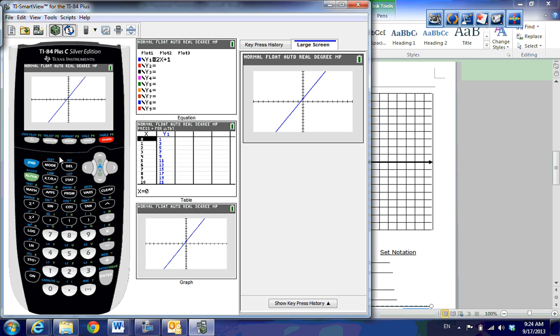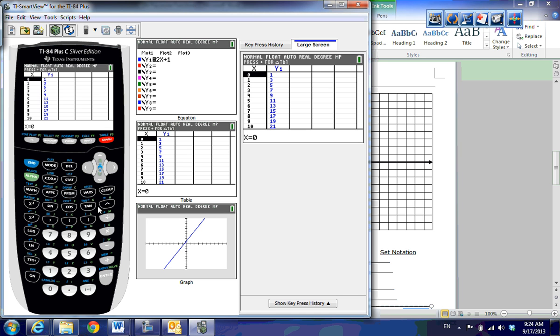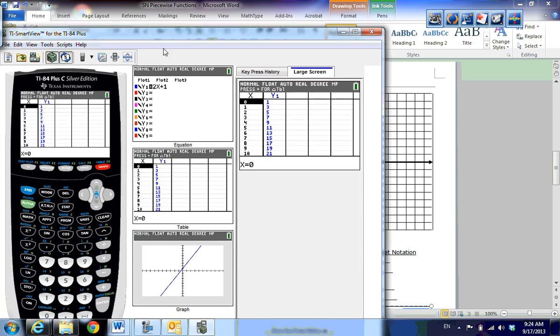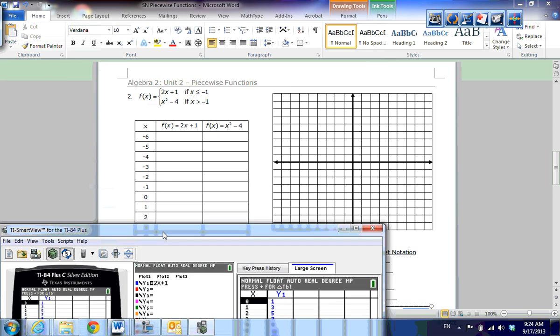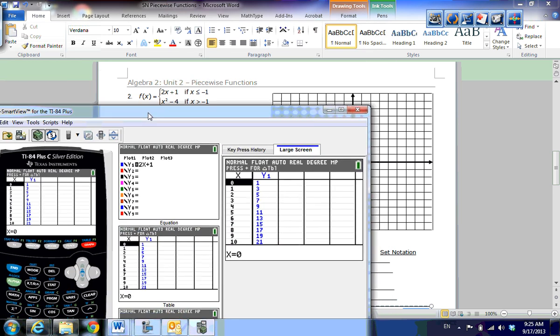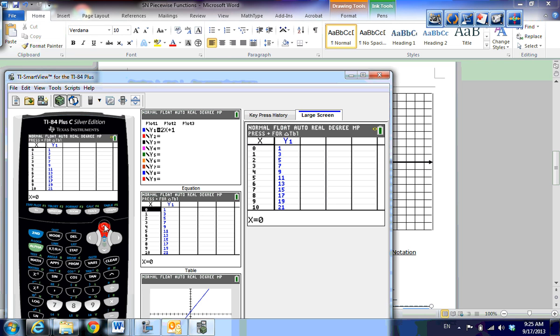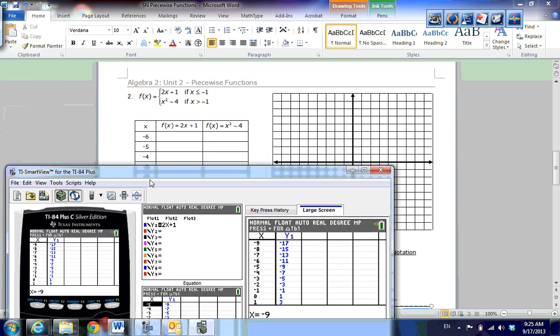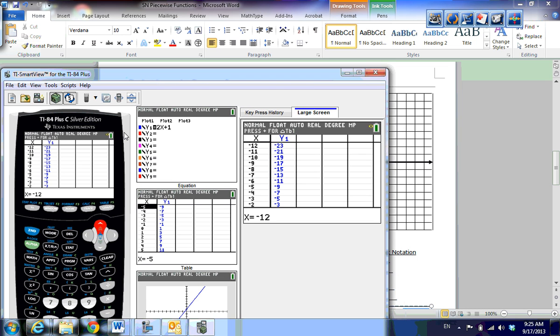And now I'm going to press second graph to look at my table. There we go. So I would like to use everything from negative 6 to 1. So I'm going to go up here so I get to my negatives. Sorry, negative 6 to negative 1, my bad. Whoa, calm down.